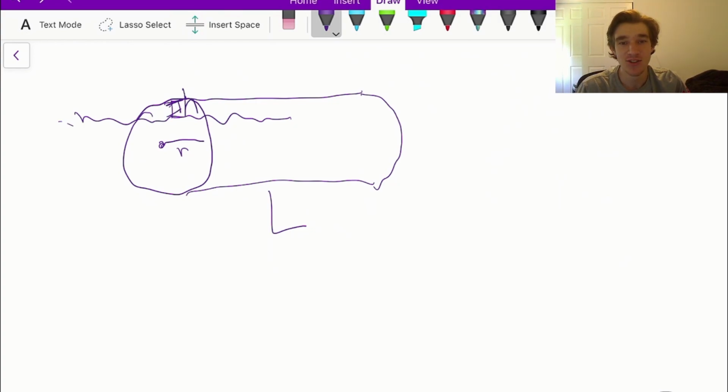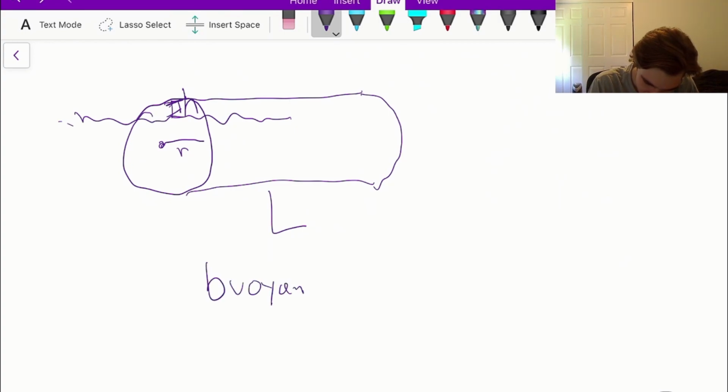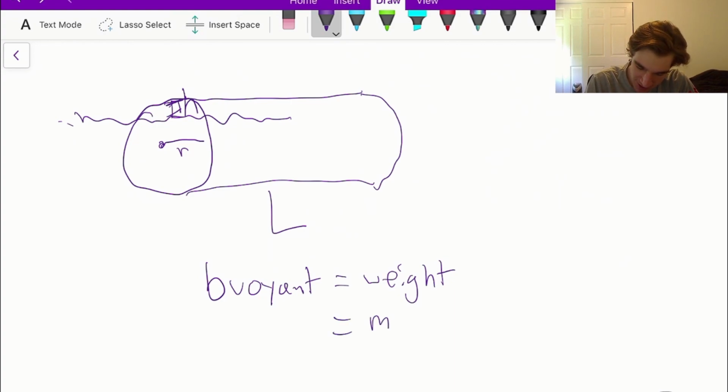So since the log is at zero acceleration, we know that the buoyant force, what's keeping it up and floating, is going to be equal to the weight of the log. So we know the weight of the log is equal to the mass of the log times g, which is the acceleration due to gravity.